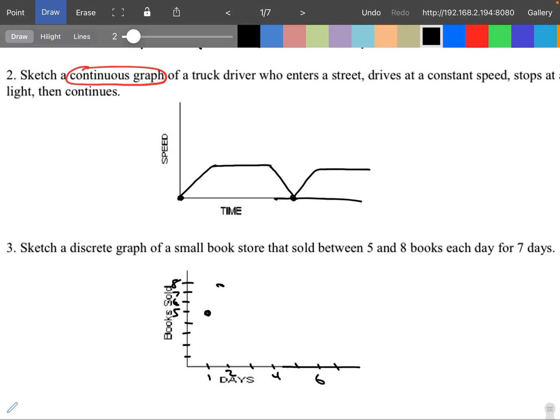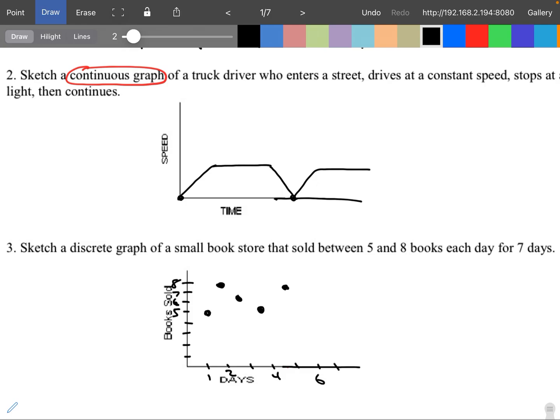So on the first day, let's say they sell 5. So on day 1 right here, your X value is 1, your Y value is 5. On the second day, let's say they sold 8 books. So that would be up here. And the third day, they sell 7 books. That's about right there. The fourth day, they sell 6 books.